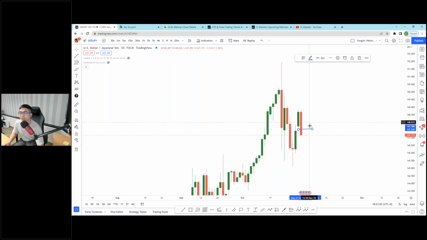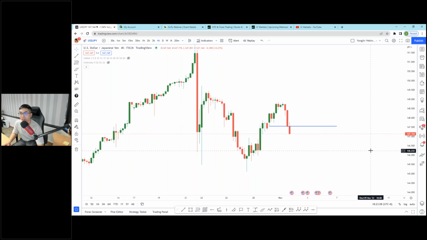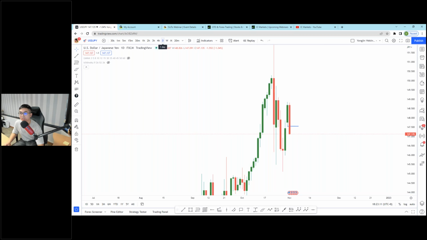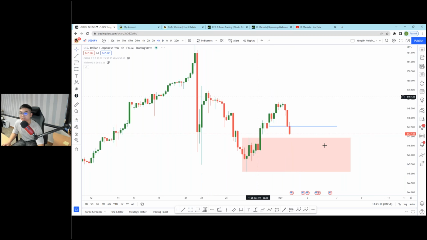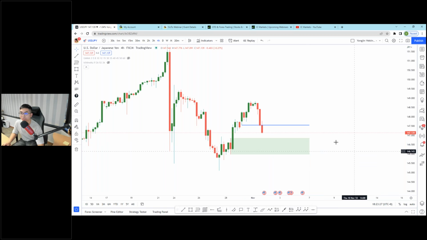So it cleared the previous daily low already, and I'll just mark it out as that. Moving to the 4 hours, looking at the daily first, we have a demand zone right there. Moving on to the 4 hours, I'll just refine it down. There is an H4 demand zone right there, so I'll just change it to green.